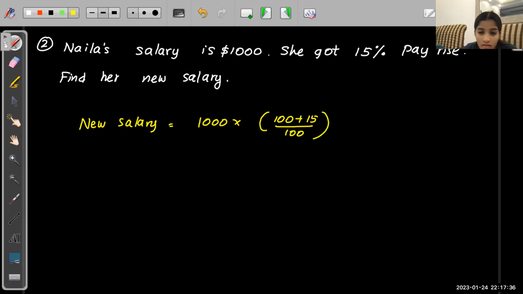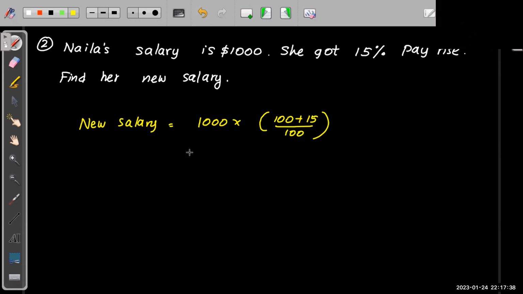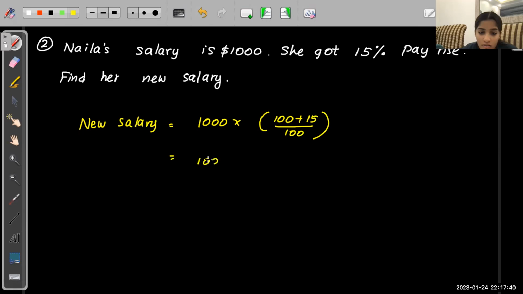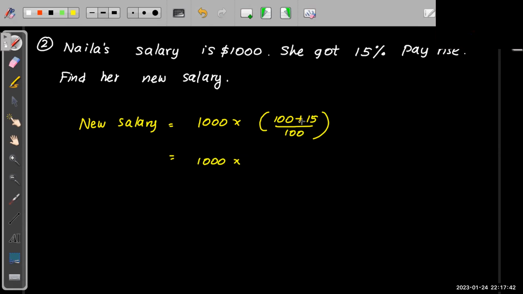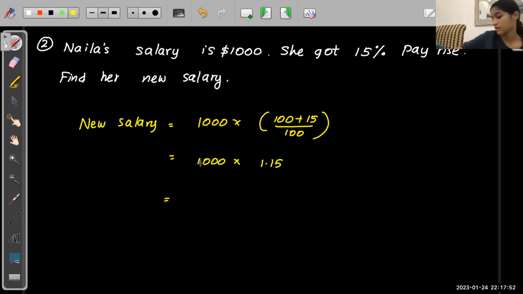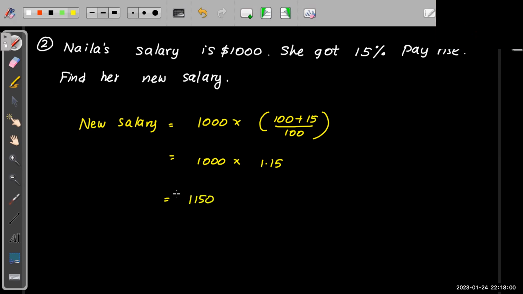You can write it as a decimal, 115 over 100 means 1.15. Just multiply it and see. So 1,000 times 1.15 is 1,150. Now you got it?